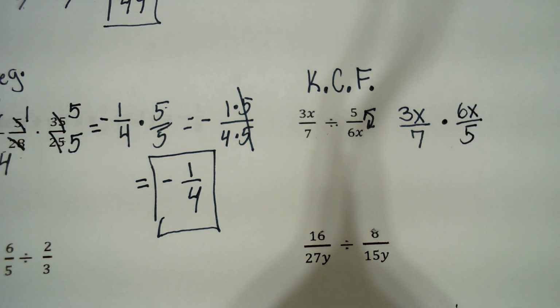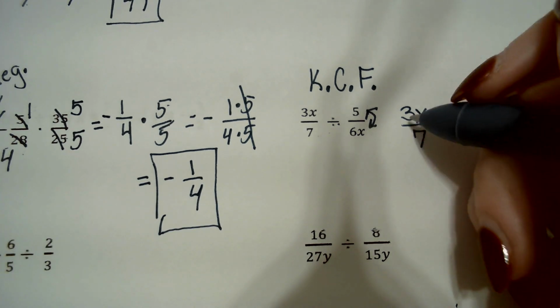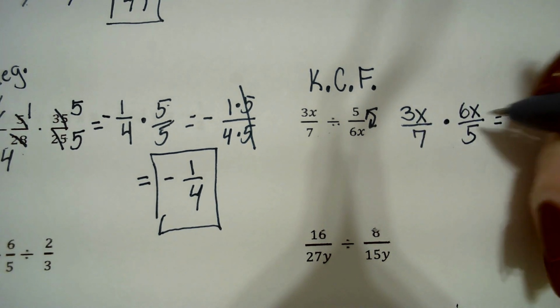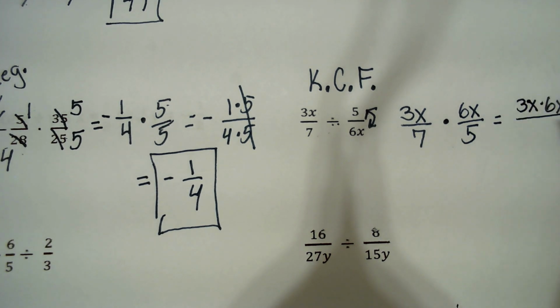Now from here we see if we can simplify anything. In this particular case, I look at my diagonals and I don't have anything that can be simplified. So I'm going to end up multiplying straight across. 3x times 6x and 7 times 5.